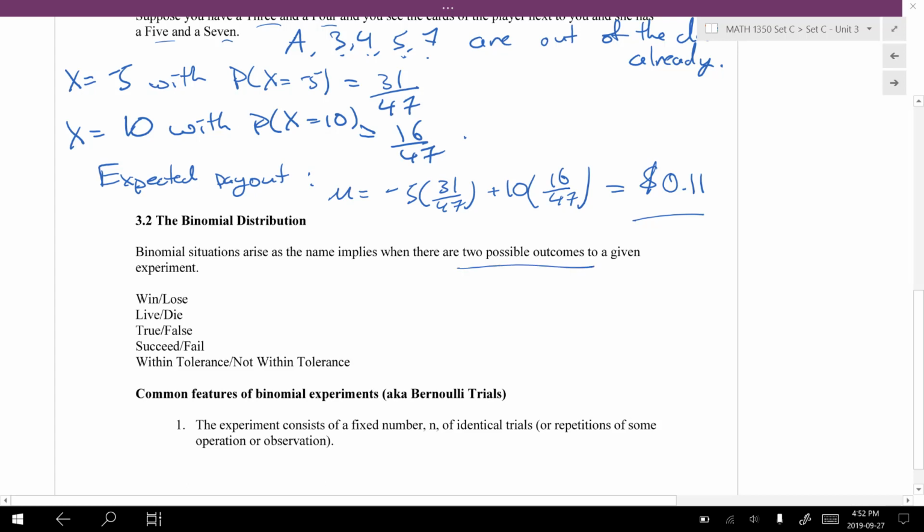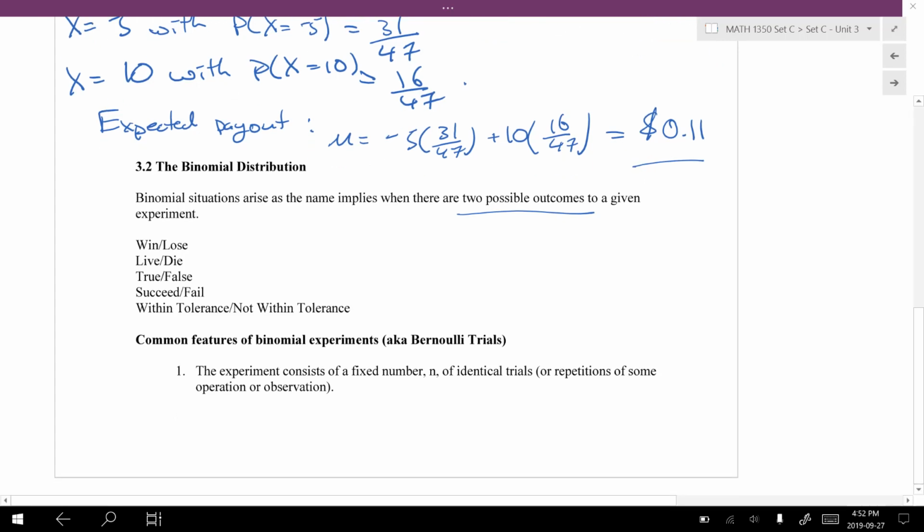So you're doing some kind of experiment, and the result is either kind of a 1 or a 2, or a 0 or a 1. Somehow it's either win-lose, live-die, true-false, success or failure. You may hear these sometimes called binomial experiments, or maybe Bernoulli trials.